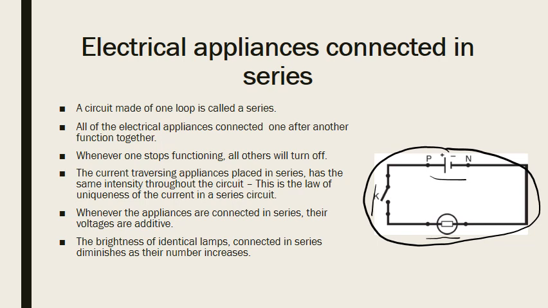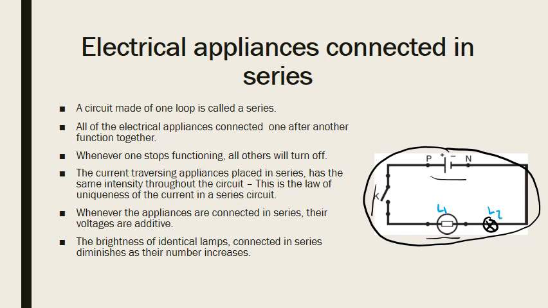Whenever one stops, for example if the battery stops working or the switch stops working, or if we have two lamps, imagine there's another lamp connected here. If L1 switches off, L2, the lamp 2, will switch off too.